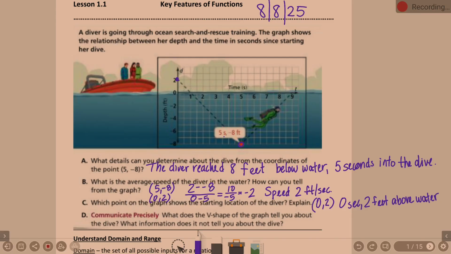What information, with that in mind, does this not tell us? Does she go in this exact shape? We just know that the starting point, and then 5 seconds later, she's 8 feet below. Did she dive straight down there? Not necessarily, and that's something we don't know.